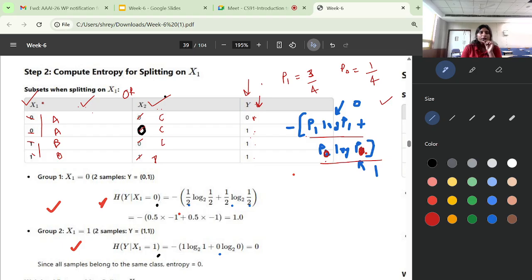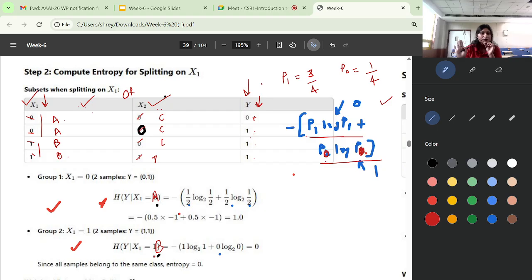If I am going to choose x1, I want to predict the entropy of Y given x1. Because x1 has two values, A and B, I will be calculating Y given x1 is equal to A, and Y given x1 is equal to B. Getting my point?